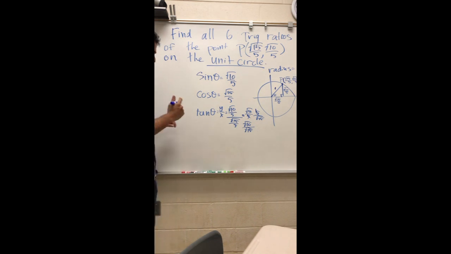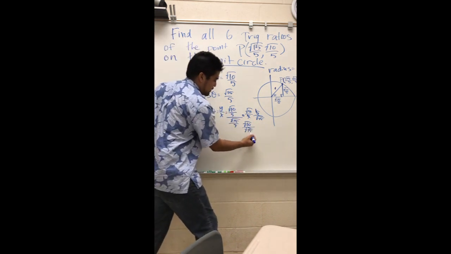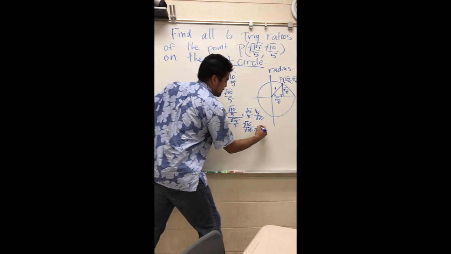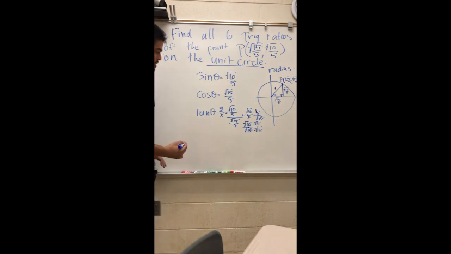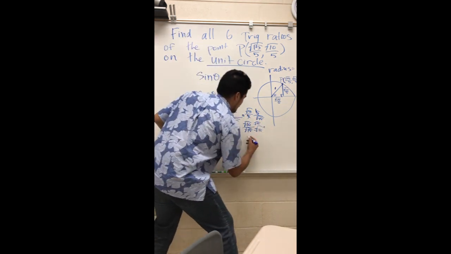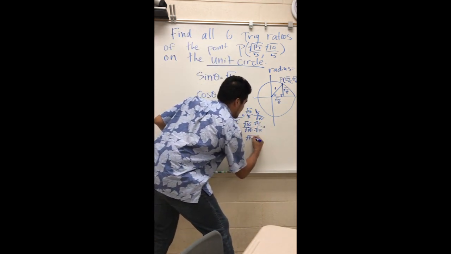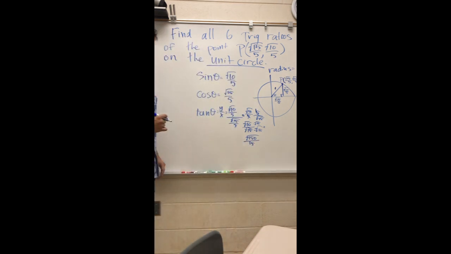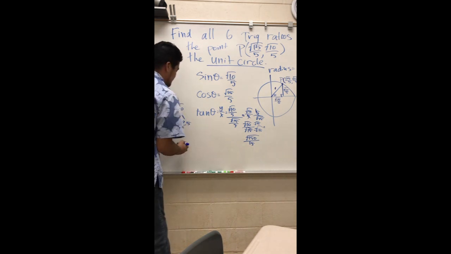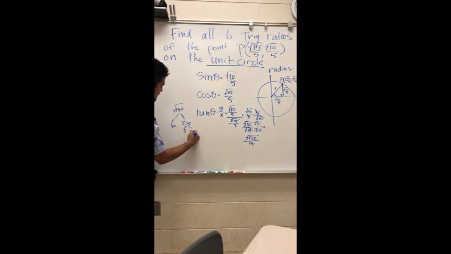Good. So what we can do here is rationalize, radical 15 times radical 15. This becomes radical 150 over 15. 150 is 6 and 25, you can break that down, that becomes 5 and 5.